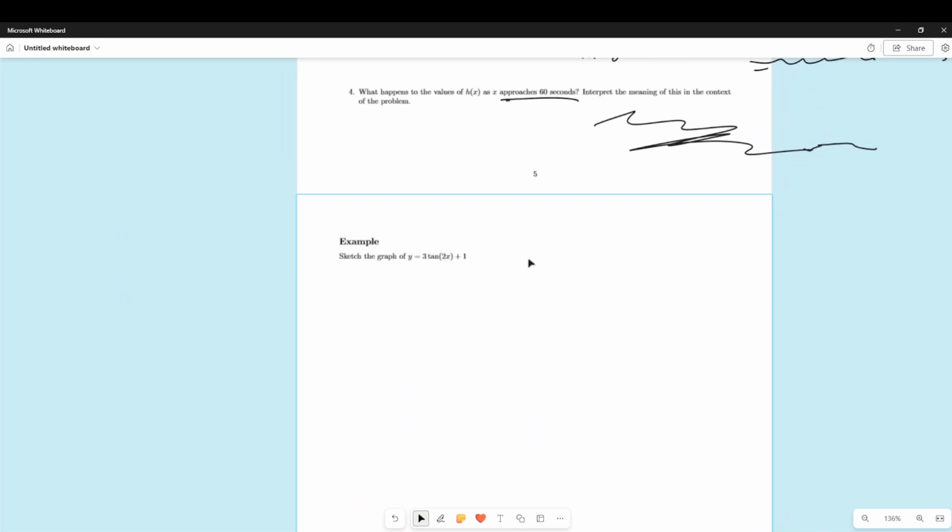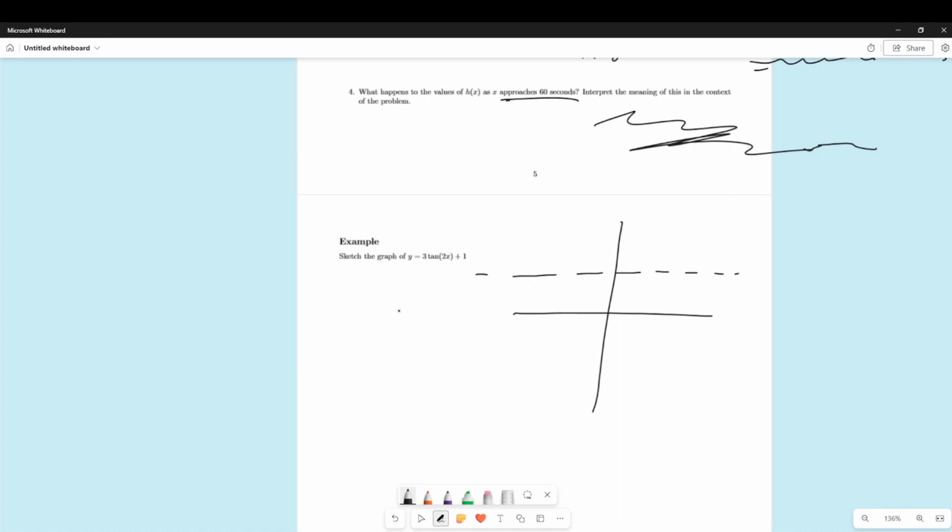But again, our logic is going to be exactly the same as it's been for all the rest of these. We have a midline at 1, so your midline is going to happen at that y equals 1. Our period is going to be our standard pi divided by our compression factor, which in this case is 2.